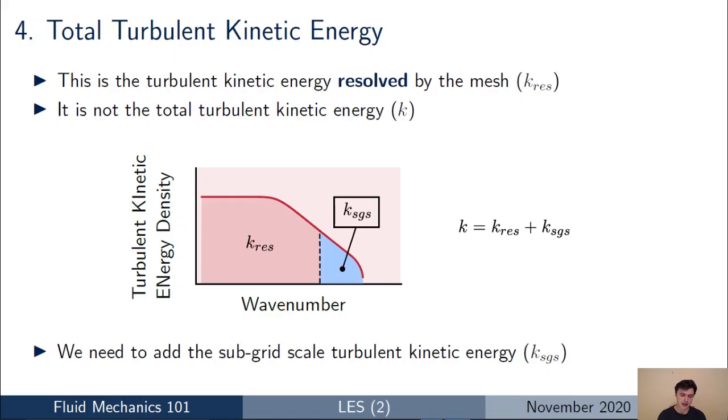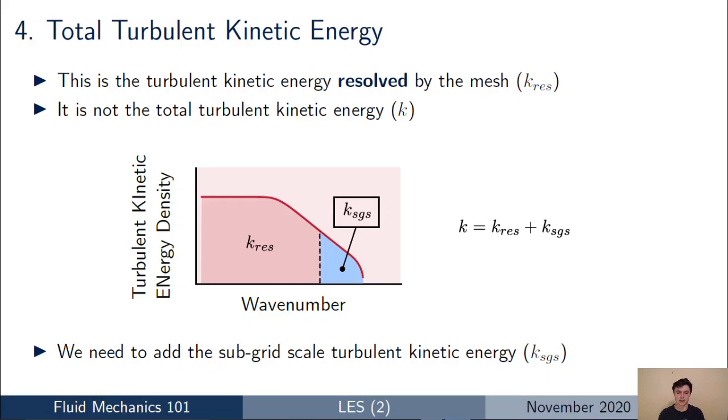If we think back to our plot of the turbulent kinetic energy spectrum, just a reminder that the total area under that curve is the total turbulent kinetic energy, K, which is what we calculate in the RANS calculation. But what we've just calculated in the post processor is the resolved turbulent kinetic energy. So that's the area under the curve to the left of that dashed line, which you can see there.